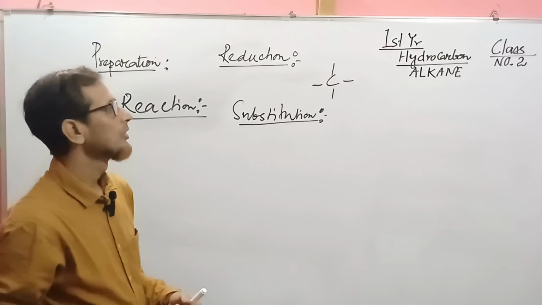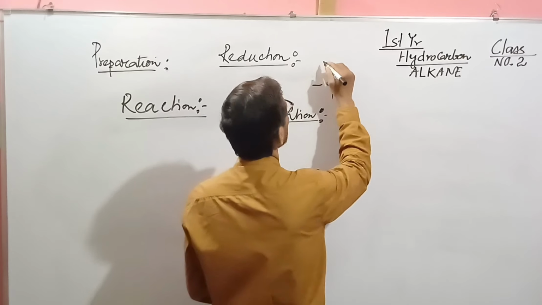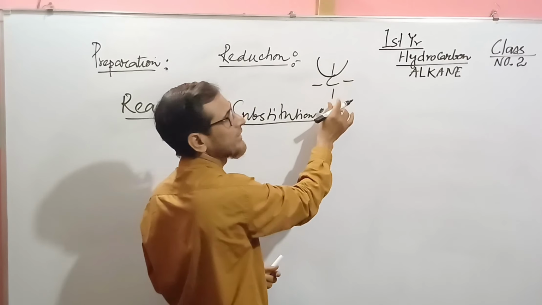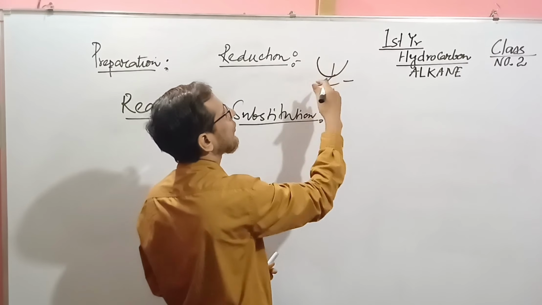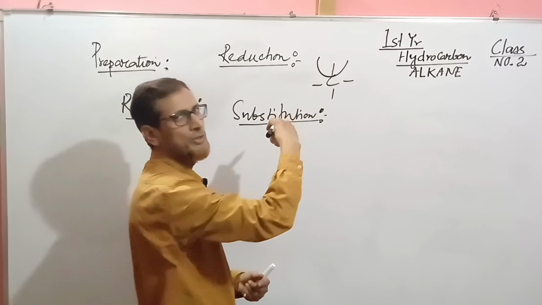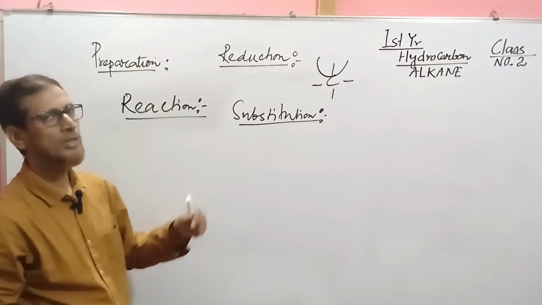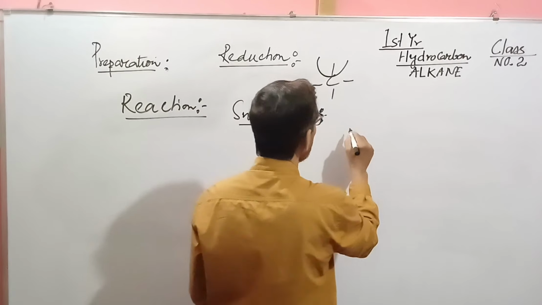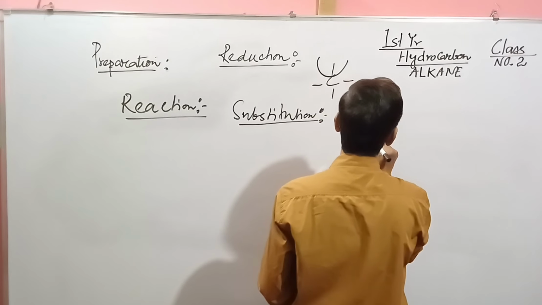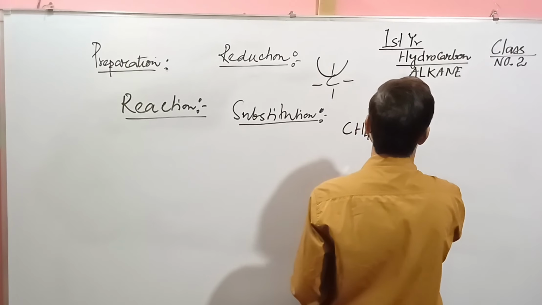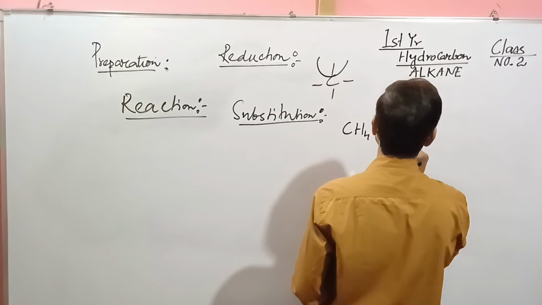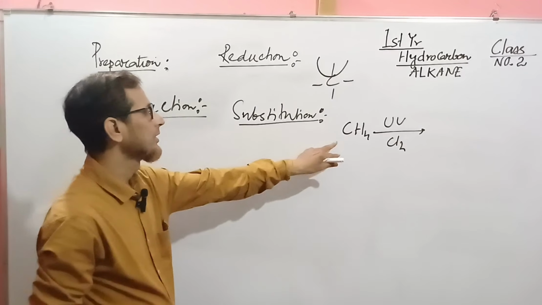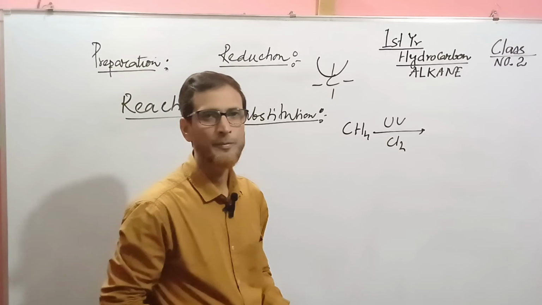So what you can do here is remove one or two substituents, maybe methyl, maybe hydrogen, anything, and in their place introduce another one. That is called a substitution reaction. A very important substitution reaction in your book is given when ultraviolet light is given and methane is in the presence of chlorine.